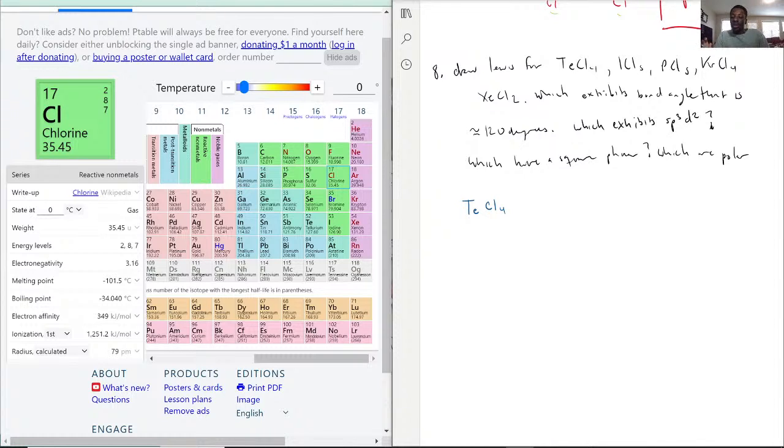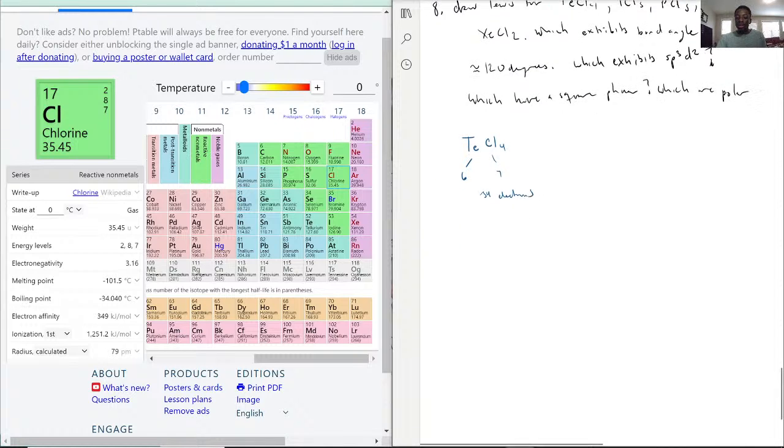Actually, for this question, considering that we have quite a bit of ground to cover, we're gonna skip that. We're just gonna go simply by where it's located on the periodic table. It's the 16th column for tellurium, so it provides 6 electrons. Chlorine's on the 17th column, so it has 7 electrons. There's 4 of chlorine, so it's 7 times 4, and then plus that 6, we need to account for 34 electrons. So let's start out by drawing it.